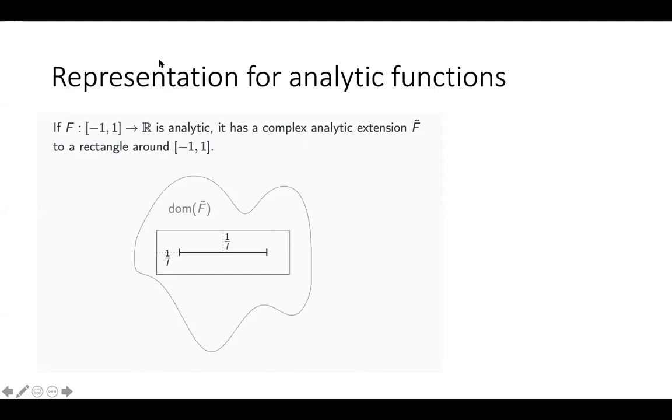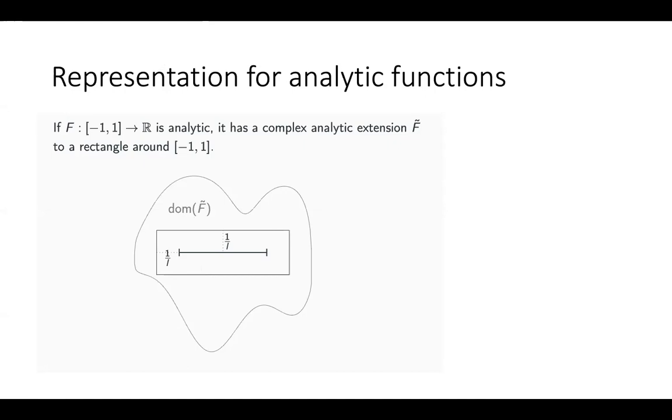One possible way is we can get such a representation for functions that are analytic on some rectangle. So if the function f is analytic from -1 to 1, then there will be some complex analytic extension to such a rectangle, like you see below.